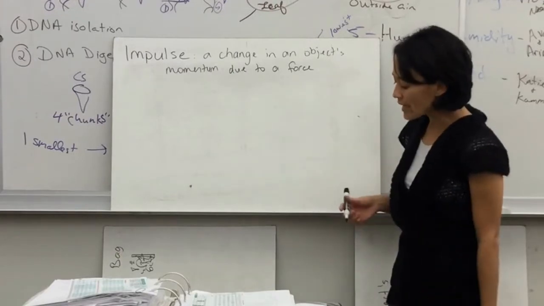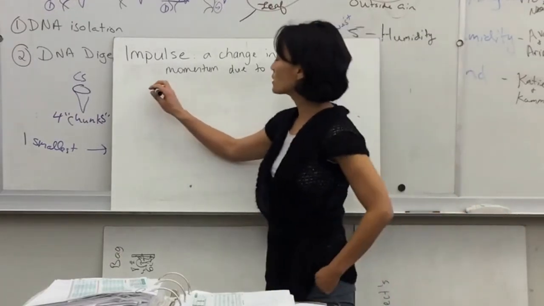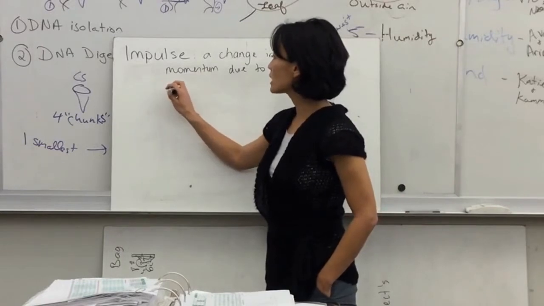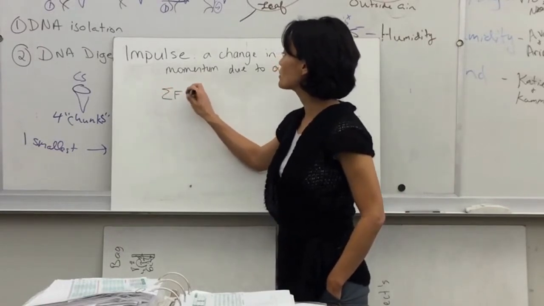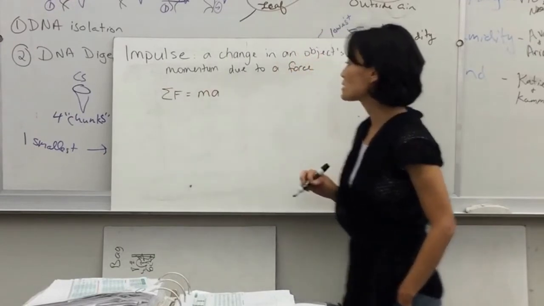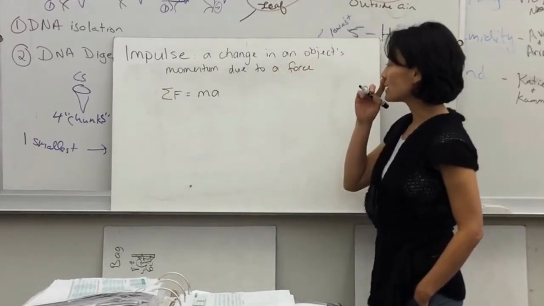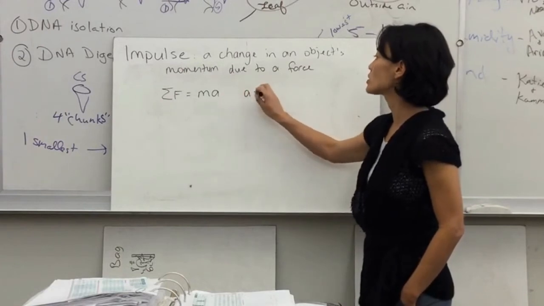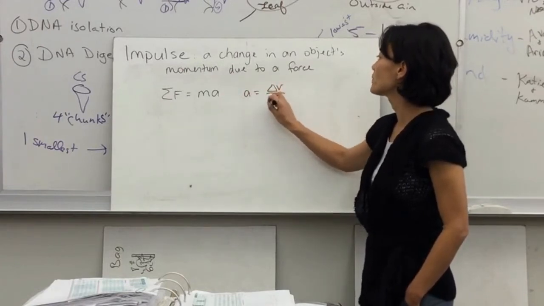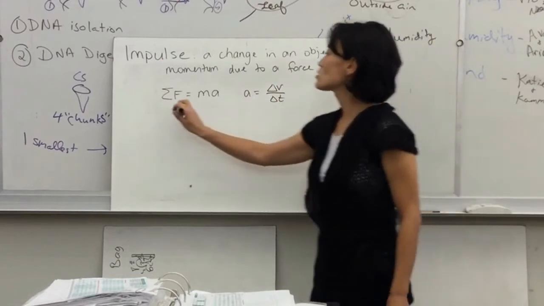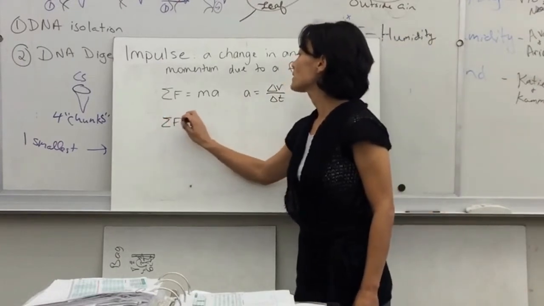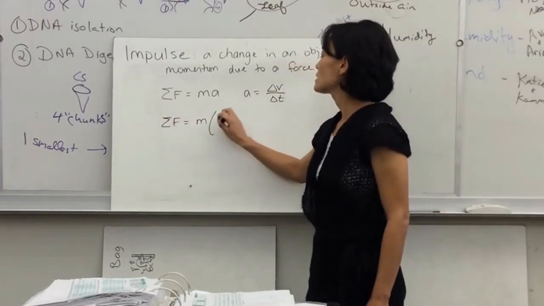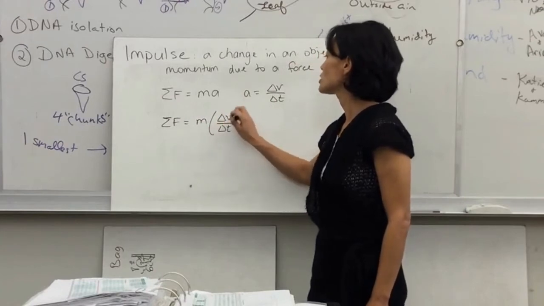So if we look at Newton's second law, a little bit of a revisit here. Newton's second law says that the net force on an object is equal to mass times acceleration. And if I put in the equation for acceleration, a change in velocity over change in time, the net force is equal to mass times my change in velocity over change in time.